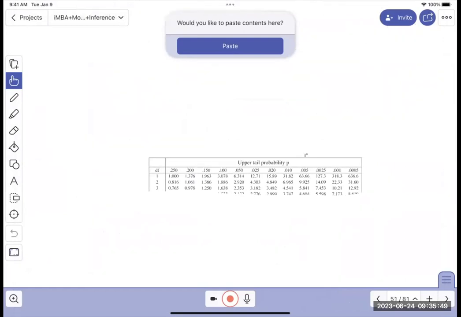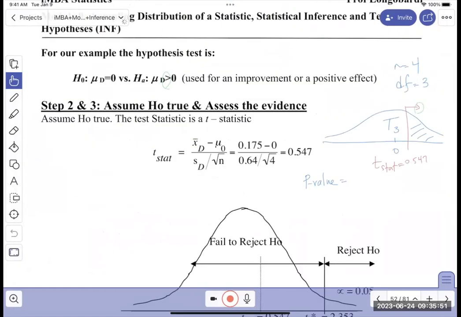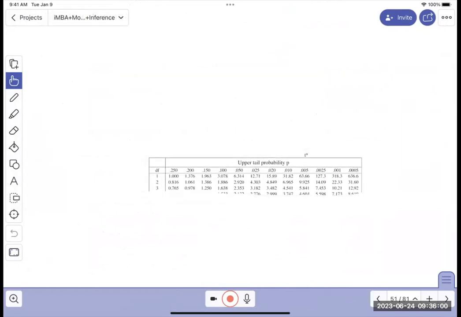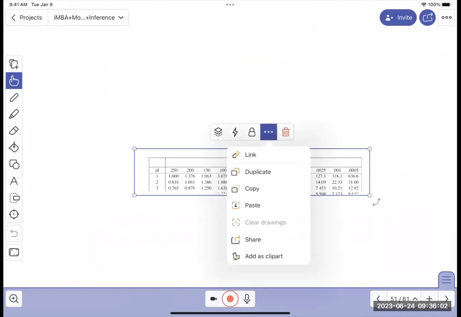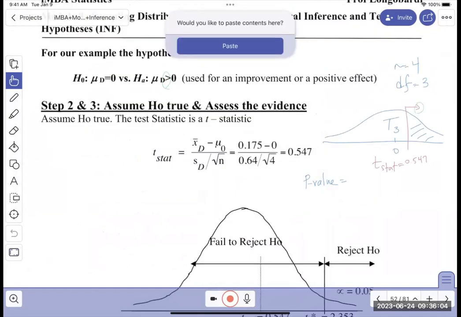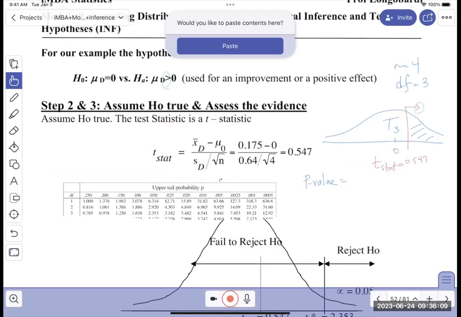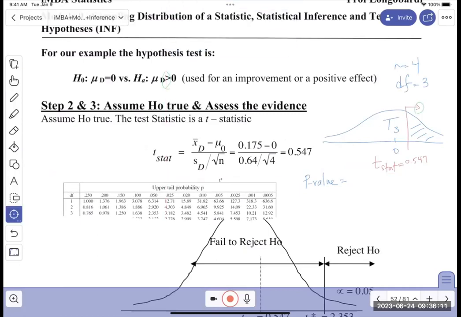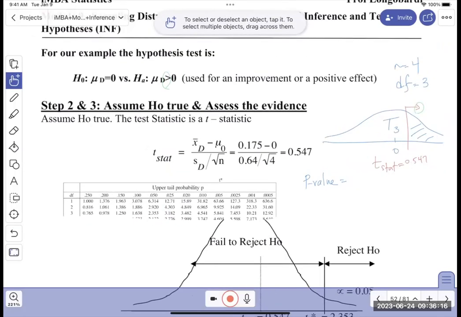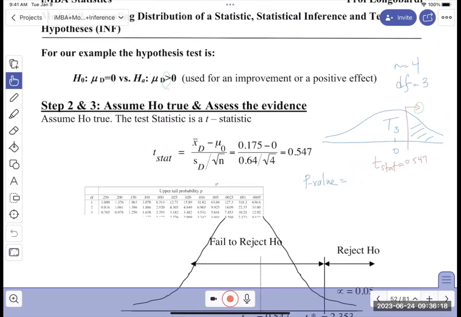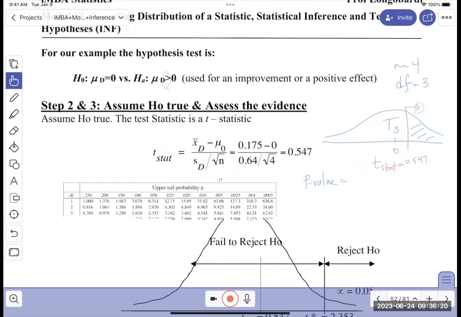Oh, I was actually over here. Okay, so we are in the third row. I'll make it bigger. Let's make it big.